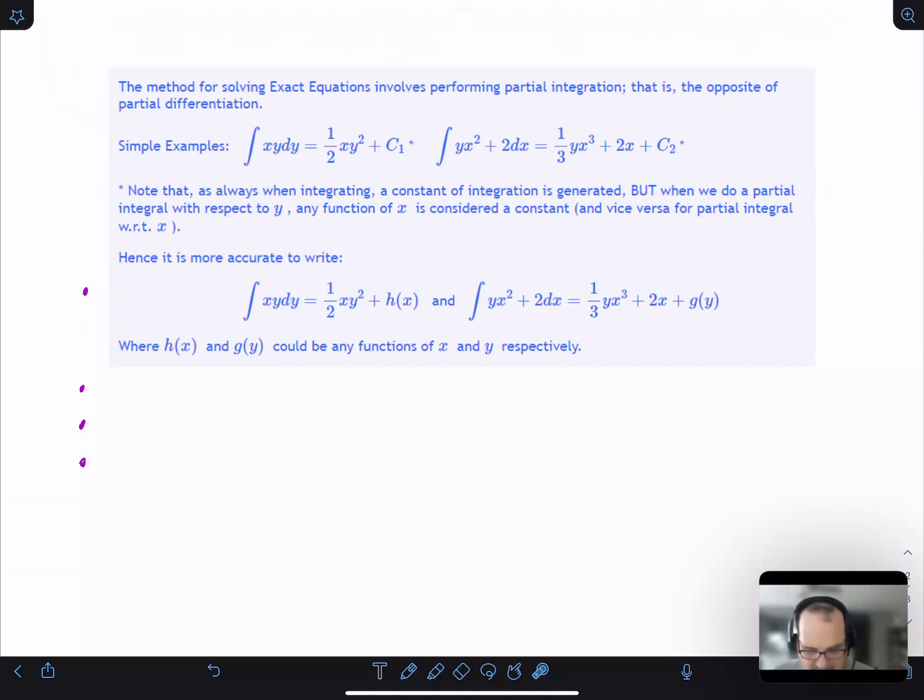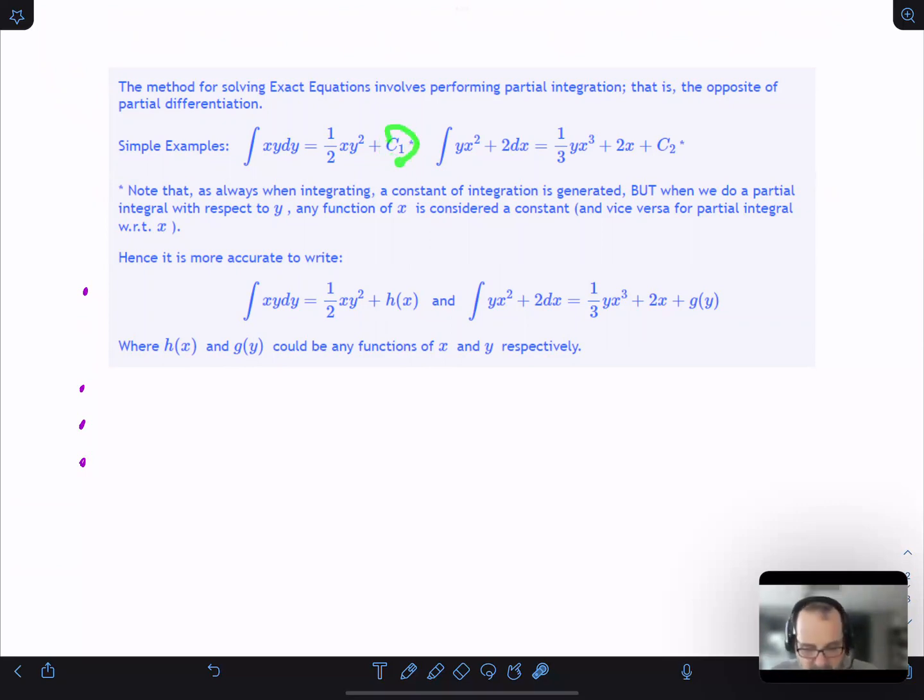Now, note that these so-called constants are a little different than before. When we are integrating with respect to y, what is considered a constant? Well, any constant or any function of x is considered a constant. So C1 would have disappeared if it had been a constant or any function of x at all.